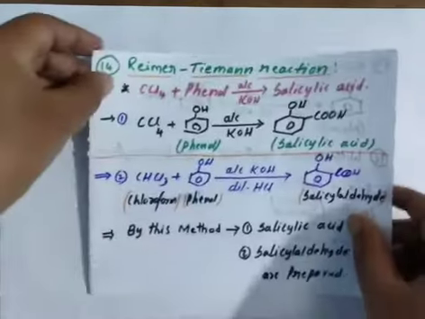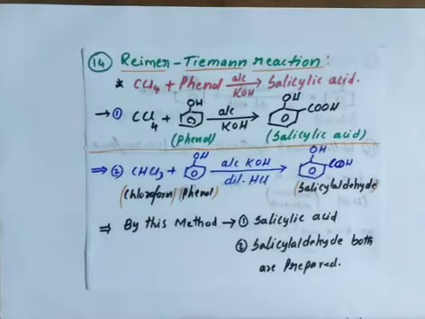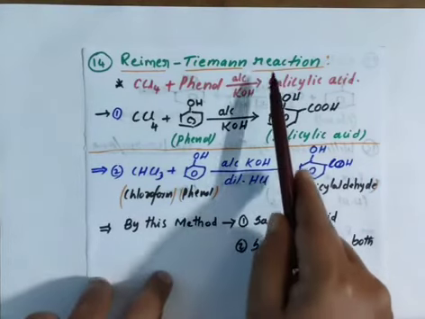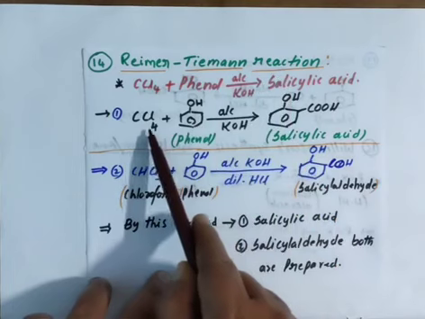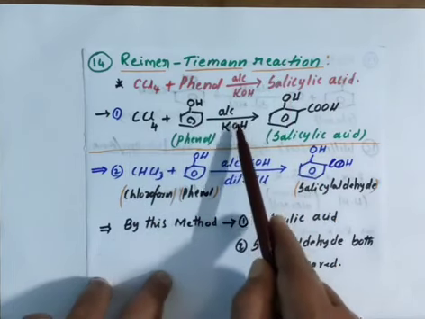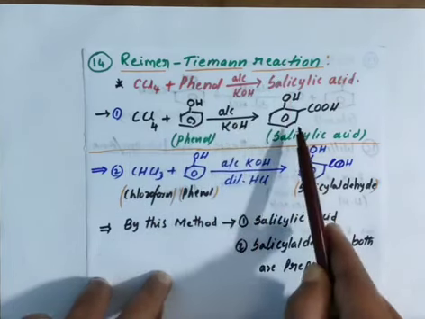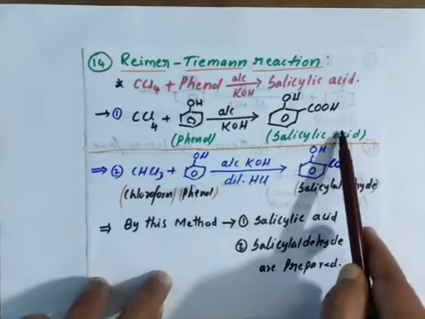Next, another important named reaction in organic chemistry, that is Reimer-Tiemann reaction. In Reimer-Tiemann reaction, phenol is treated with carbon tetrachloride in the presence of alcoholic KOH, you are getting salicylic acid.